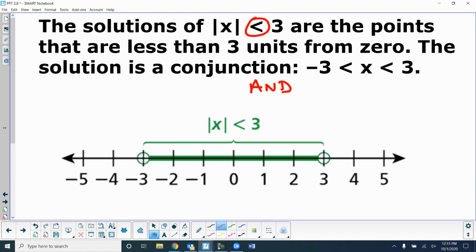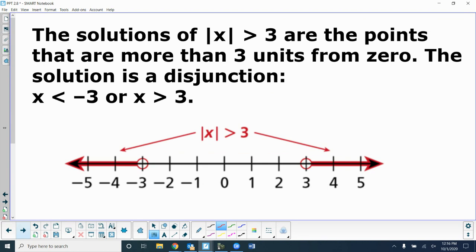All these numbers from 0 up to negative 3, not including negative 3, that distance is less than 3, right, on that side. And all the numbers that I could pick in here, up to but not including 3, are also less than 3 units from 0. So there's a bunch of numbers that we could put in there, right? An infinite number. Okay, so less than, and. Greater than?